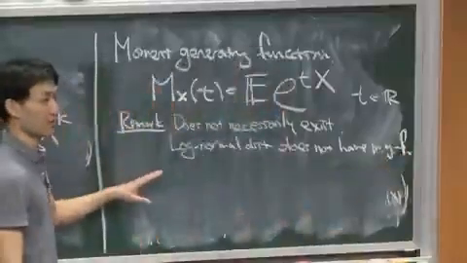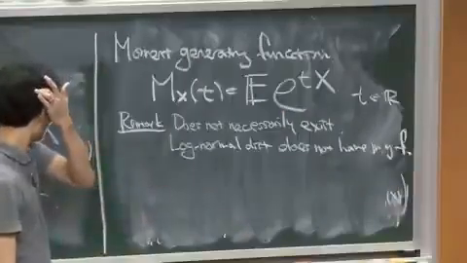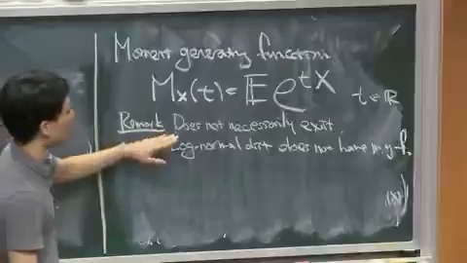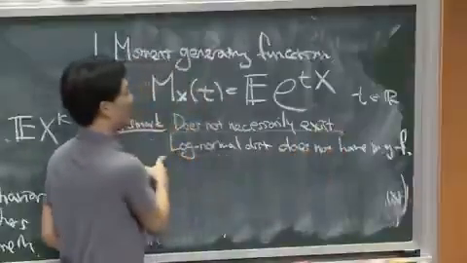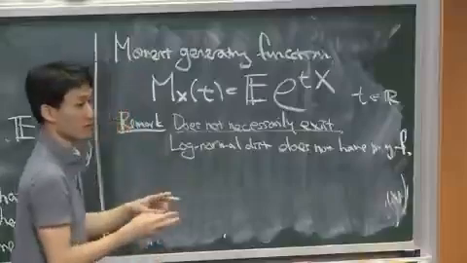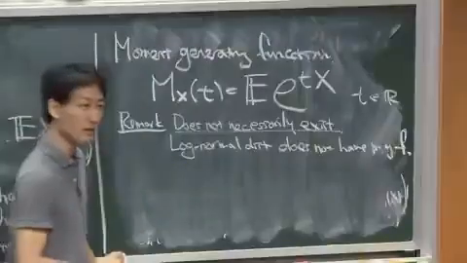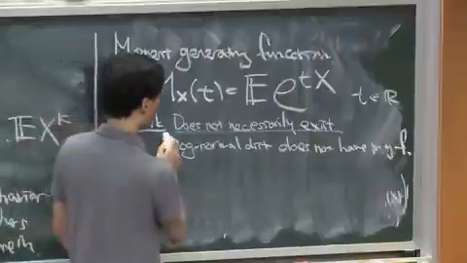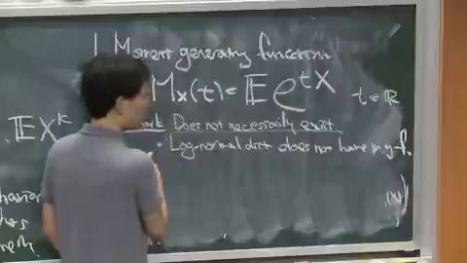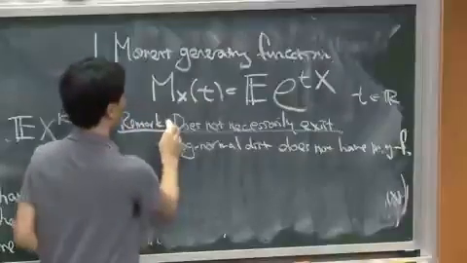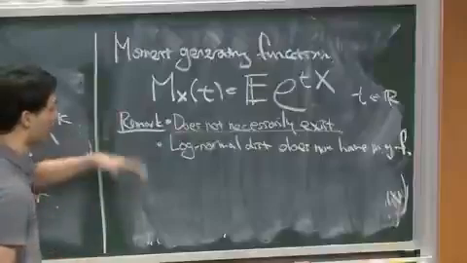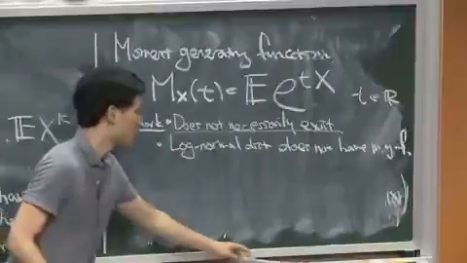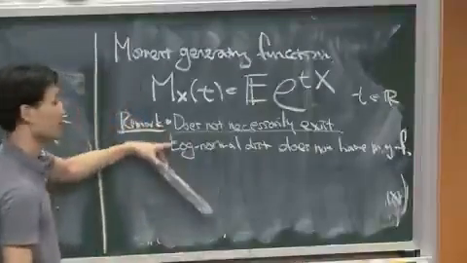That's one thing you have to be careful about. This statement is not something theoretical. It actually happens for some random variables that you encounter in real life. So be careful. That will actually show some very interesting facts, which I'll explain later.